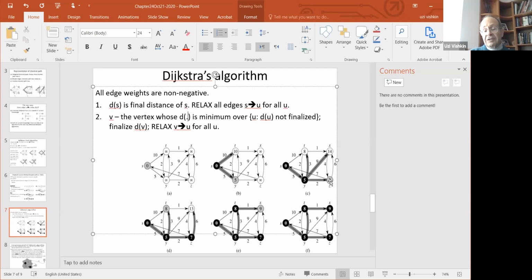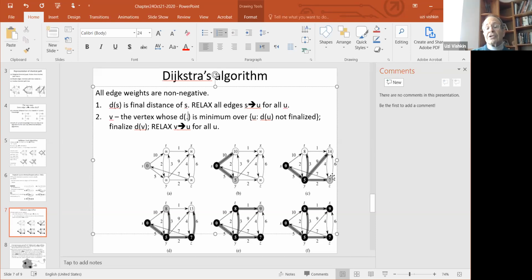which means that its distance is 7, okay? So this is what is reflected here. And now what is going on, before we move to selecting the next vertex, we relax based on all the outgoing edges going from the node we just finalized to any other node which has not yet been finalized. So we don't go to S. But here we have outgoing edges to S and to X, right?